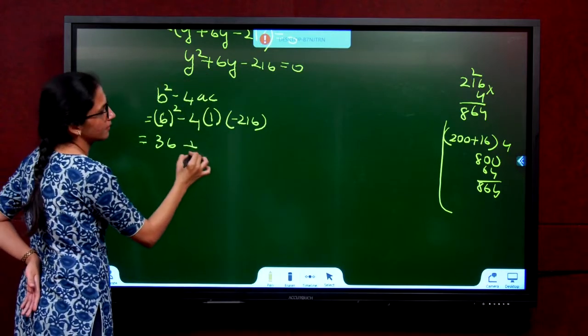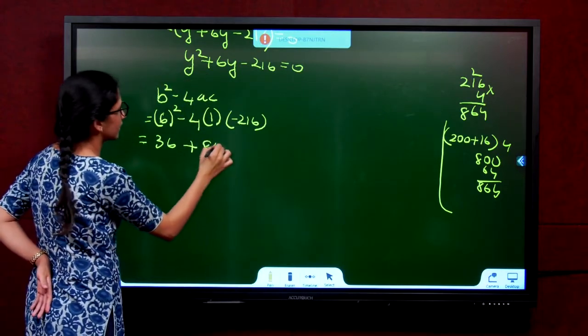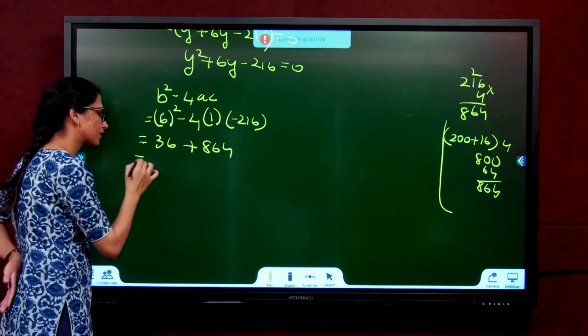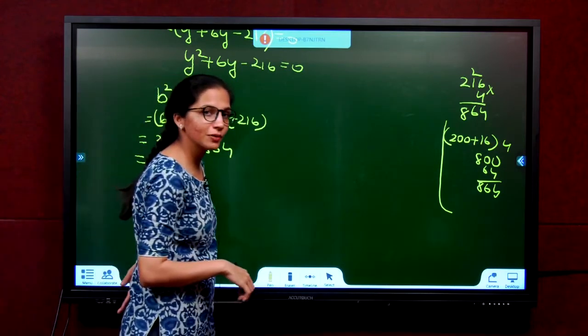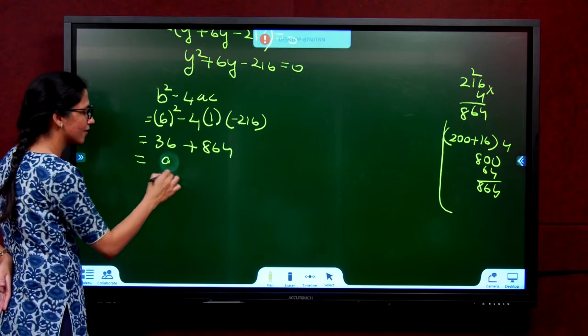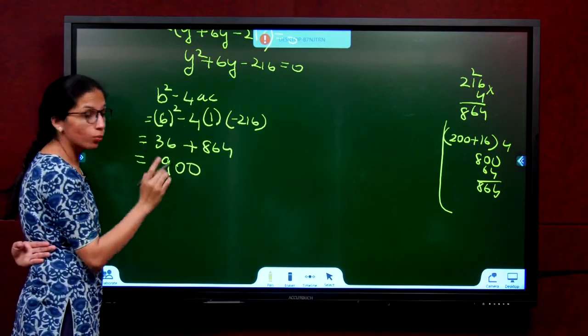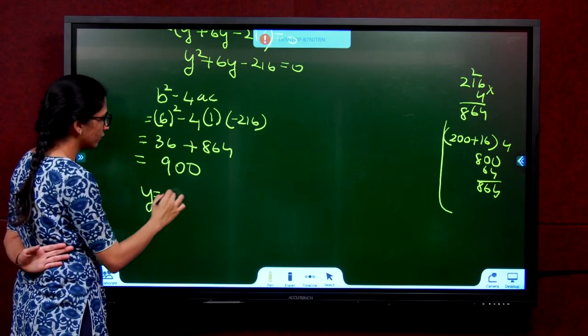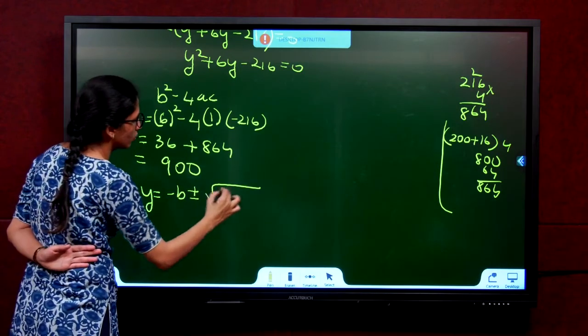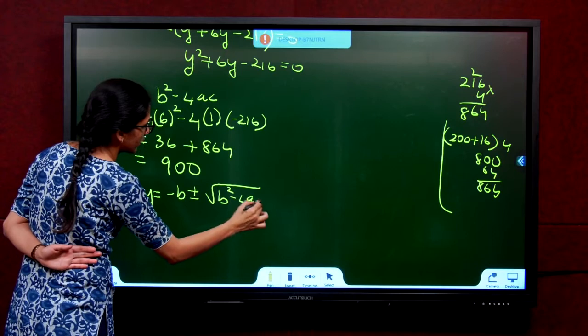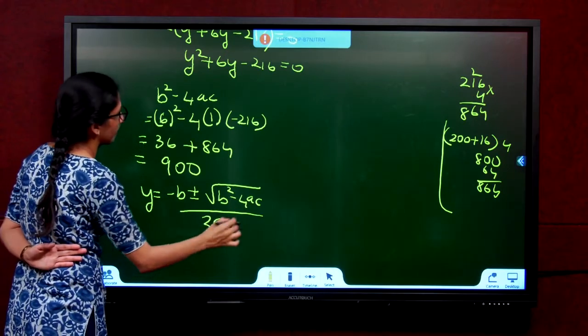Okay, so this becomes plus 864. To the 864, you have to add 36. How much is that? Easy, 900. Yes. So now I have to find y, not x. y is equal to minus b plus or minus root of b square minus 4ac, by 2a.